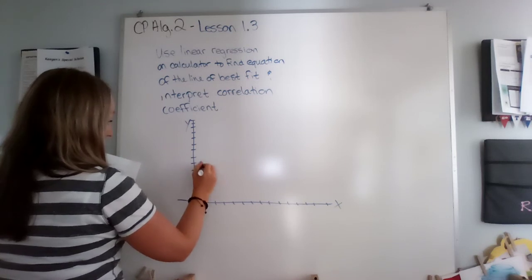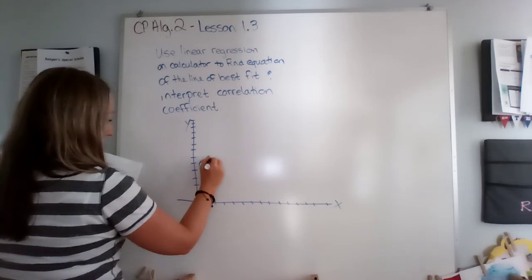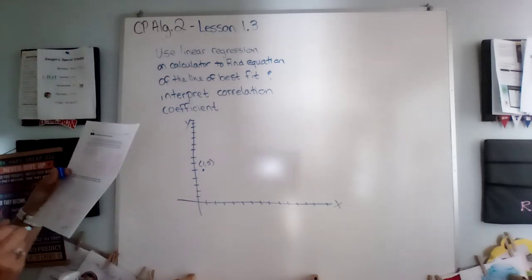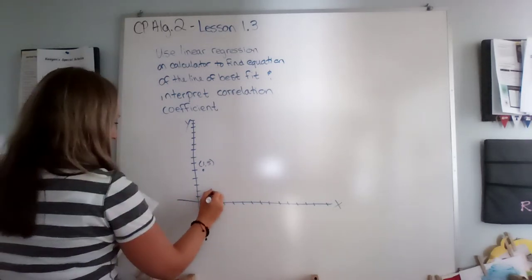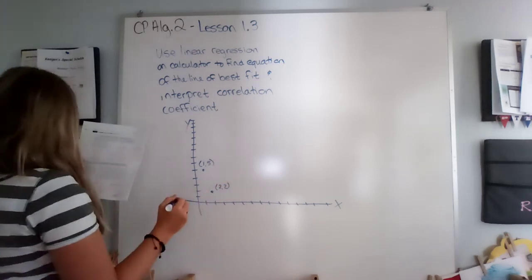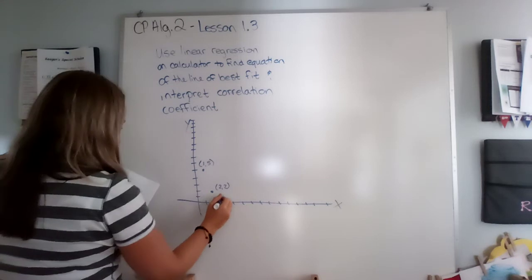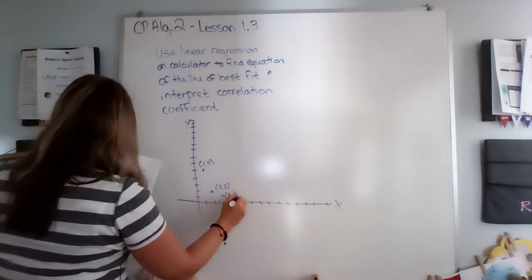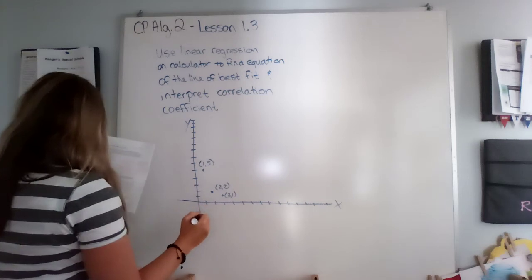And it's going to be helpful to actually write the coordinate next to the point because you're going to have to put them in your calculator in a second. The next point is 2, 2. Then I have 3, 1. Then I have 5, 2.